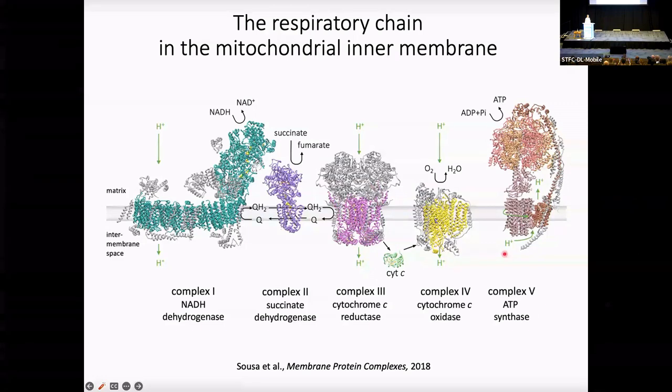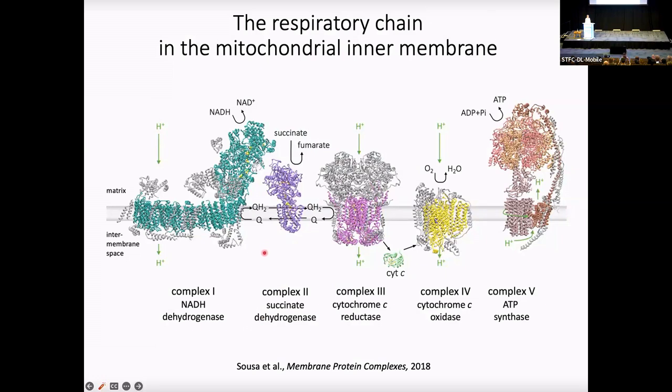This proton gradient then causes rotation of the ATP synthase rotor and turns out all this ATP. And all these very complicated complexes of the respiratory chain have been studied in great detail in the last couple of years by X-ray crystallography, but also increasingly by cryoEM.